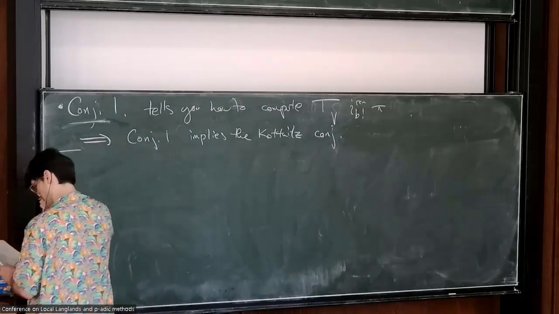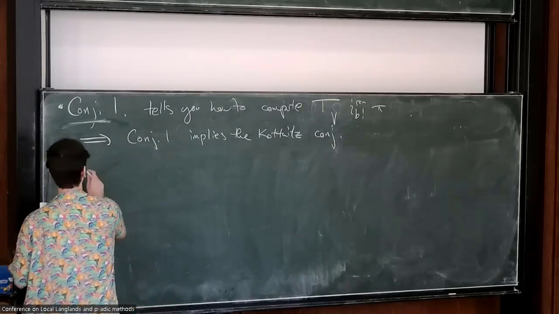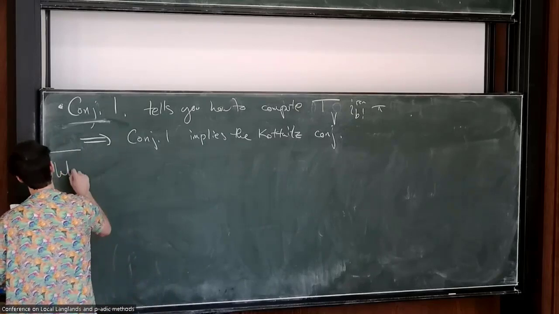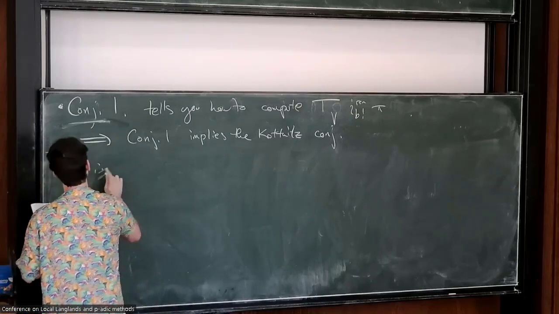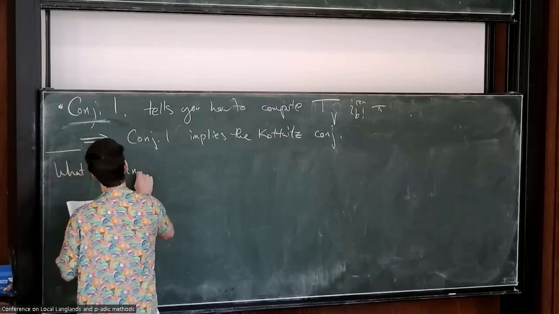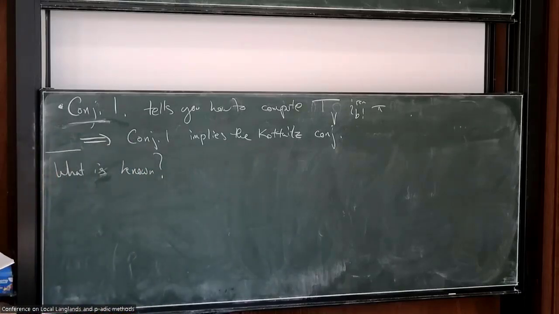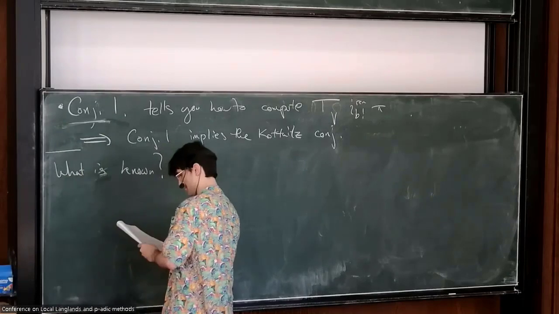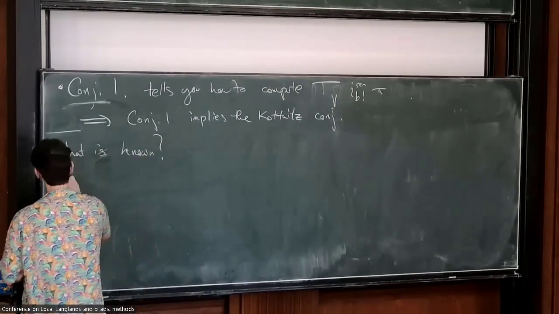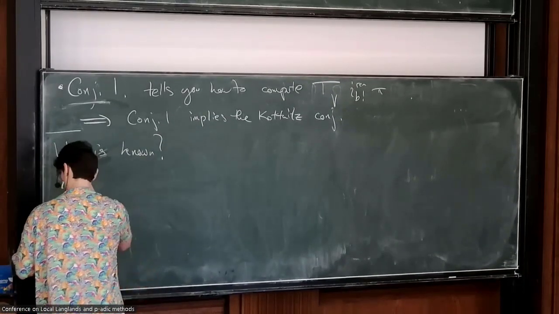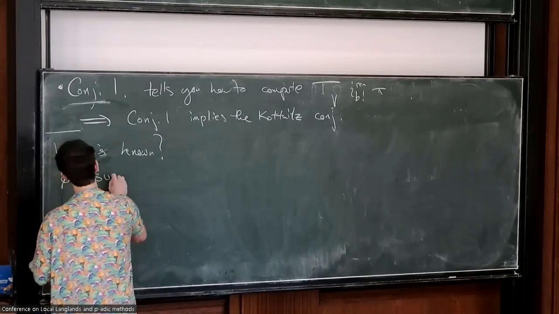Okay. I guess I have like 10 minutes. So let me say a little bit about what's known. So why should these conjectures be reasonable? So the first case to look at is this case where phi is supercuspidal.